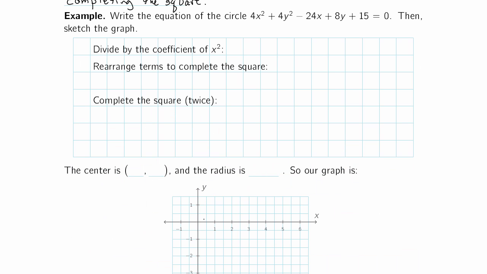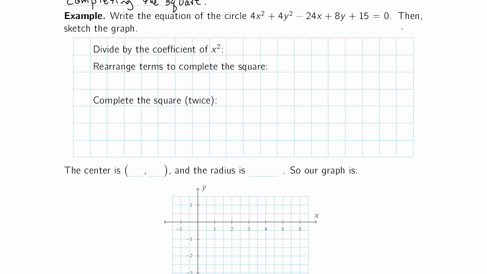So to get into center radius form, our first step is to get rid of those coefficients on x squared and y squared. This is why they need to have the same coefficient if we're going to play this game. If they have different coefficients, we're going to get stuck at this point.